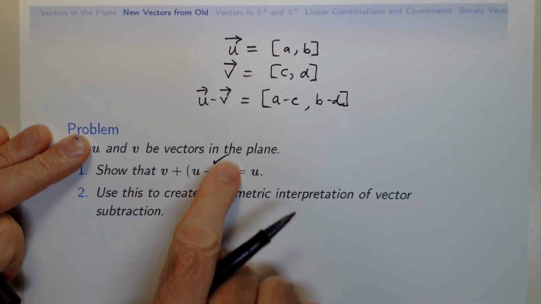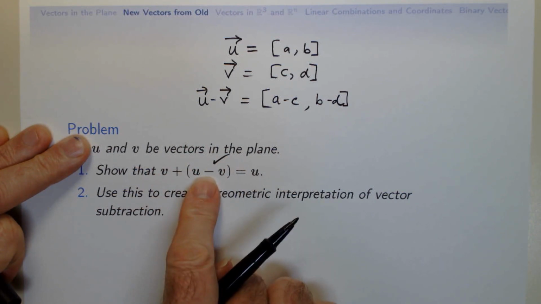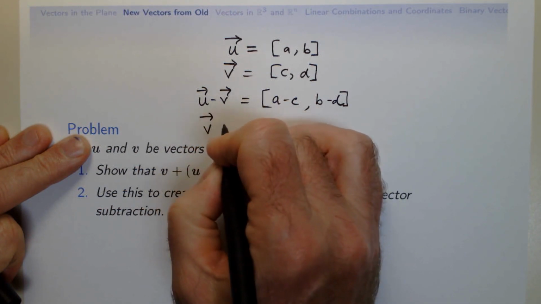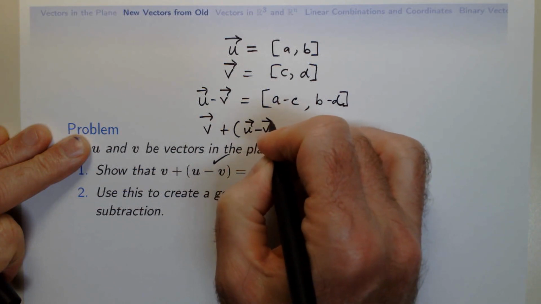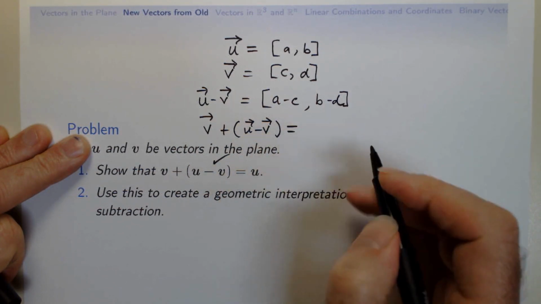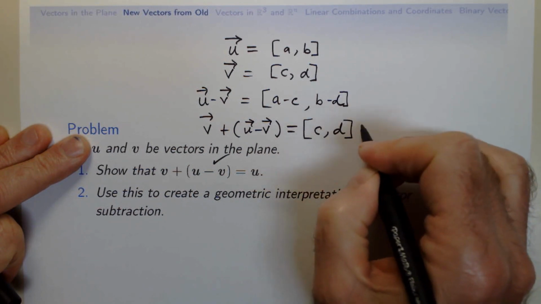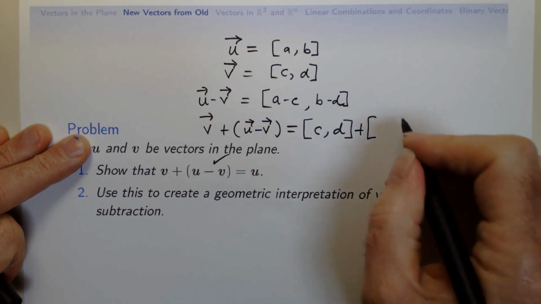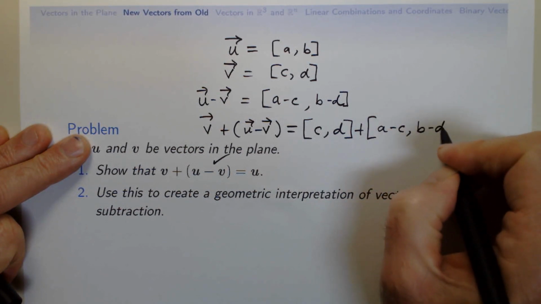Now the second part of the calculation here is to add v to the result of that vector that we've just computed. So we're going to do the vector v plus the vector u minus v. And so that's going to be what I get when I take the vector cd and I tack on the results of the vector I just computed, namely a minus c, b minus d.